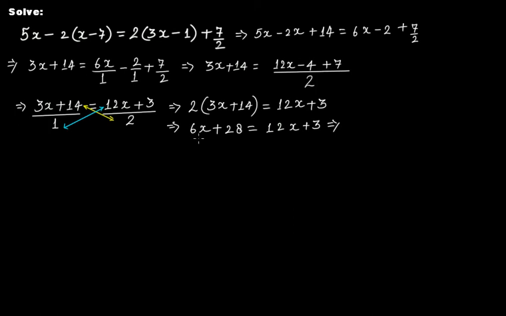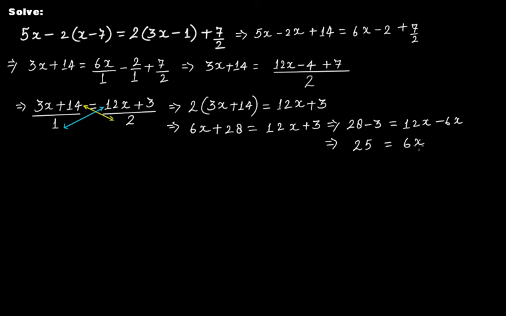If we take this 6x and transpose it to the right hand side, and at the same time take plus 3 and transpose it to the left hand side, it becomes 28 minus 3 is equal to 12x minus 6x. This gives you 25, and this gives you 6x, right?